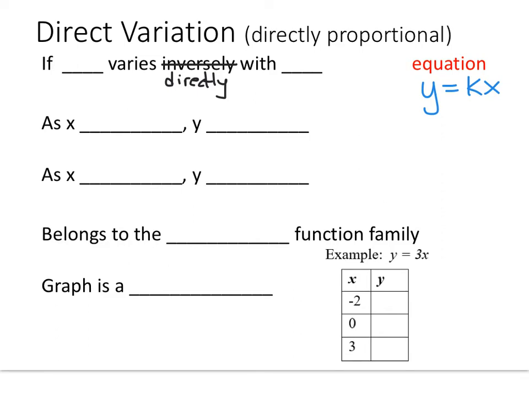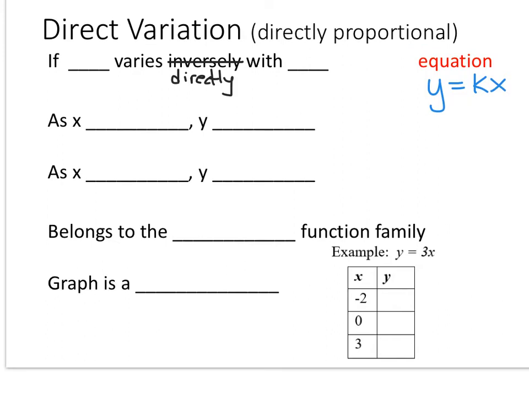And so the typical description of this is if y varies directly with x. So if you ever see this, it is typically described as y varies directly with x, or y depends on x. And so we're just talking about the relationship between these.